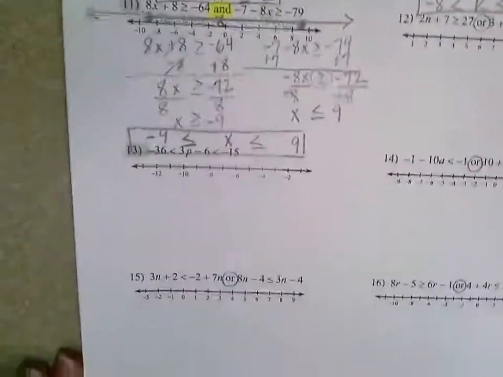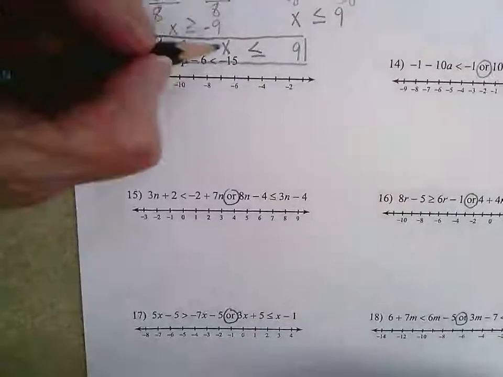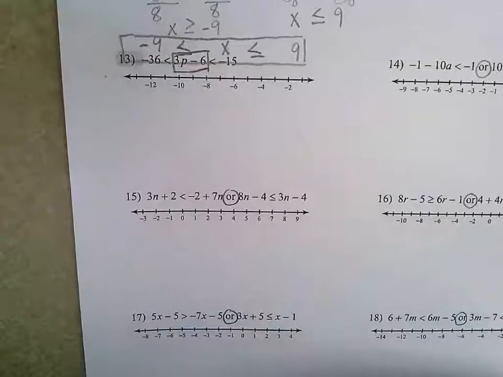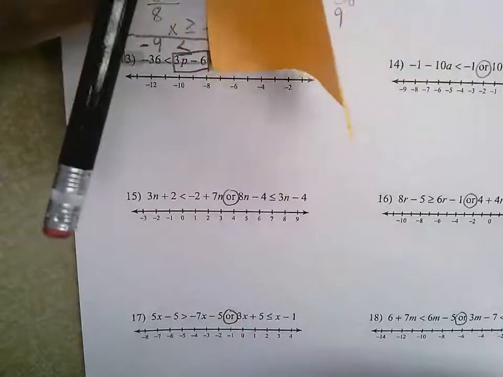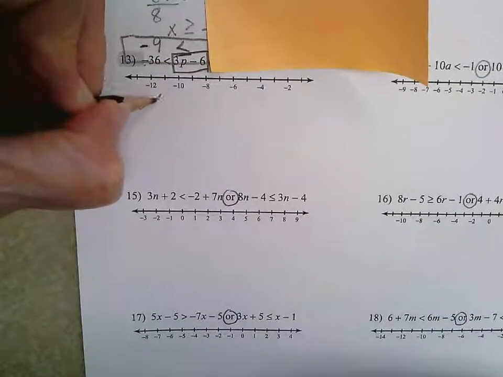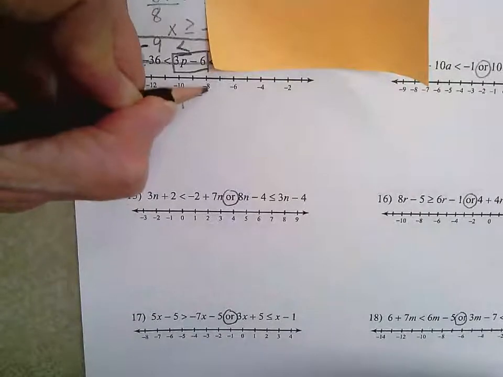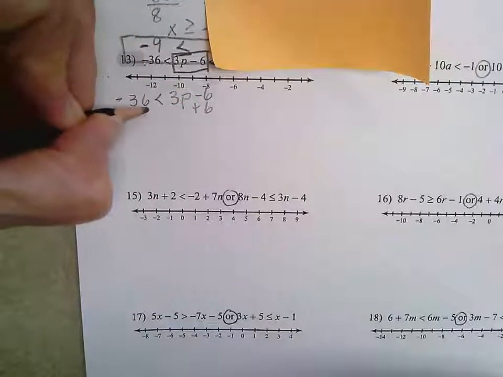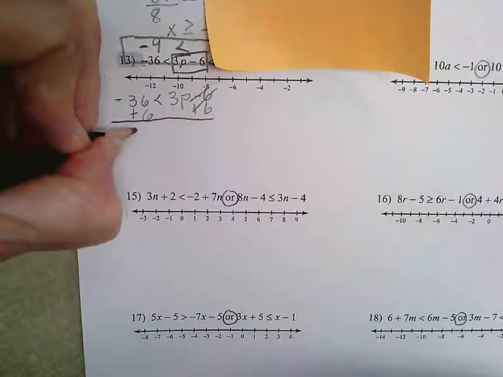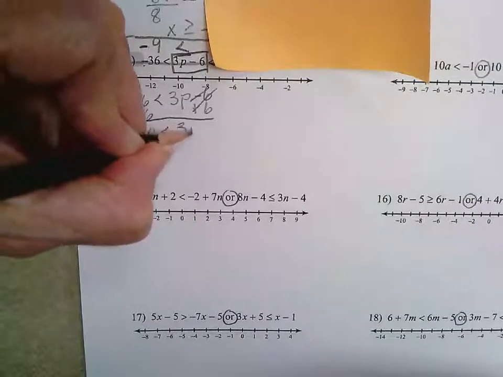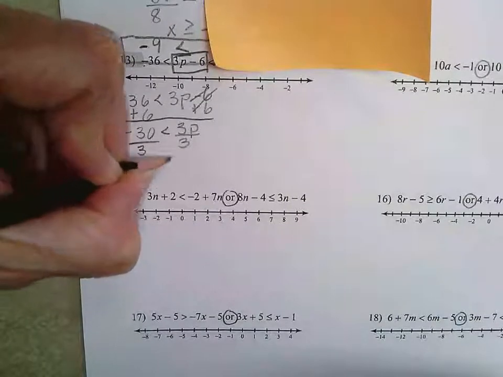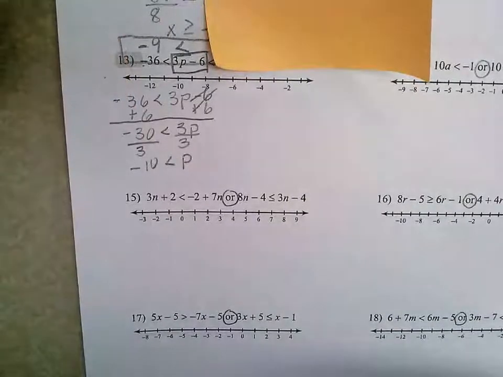So the only one I have left is number 13. So number 13, here's my middle section, 3p minus 6. So I'm going to solve the left-hand side first. -10 is less than p.